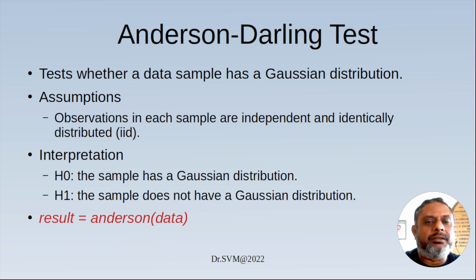From this result we need to do a little extra work, and then we get a p-value. From that, again, if the p-value is less than 5%, you reject the null hypothesis and declare that the sample is not Gaussian. If the p-value is greater than 5%, of course we can claim that the data is normally distributed, or has a Gaussian distribution. So that's about normality tests.